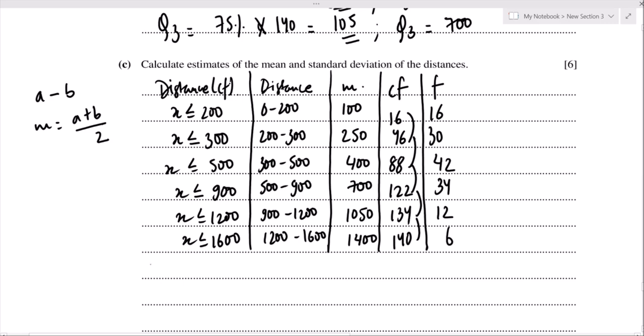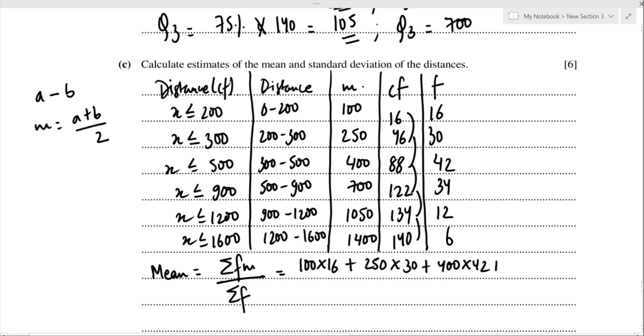All right, now let's figure out the mean value. So mean value is just going to be summation fm divided by summation f. So this is just going to be the sum of frequency into the mid values. So this is going to be 100 into 16 plus 250 into 30 plus 400 into 42 plus 700 into 34 plus 1050 into 12 plus 1400 into 6 divided by the total frequency.